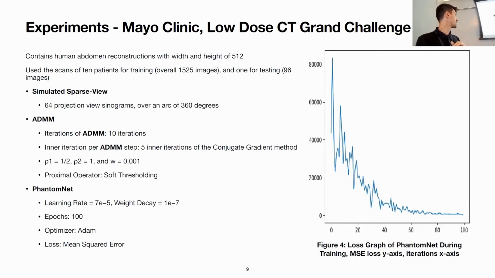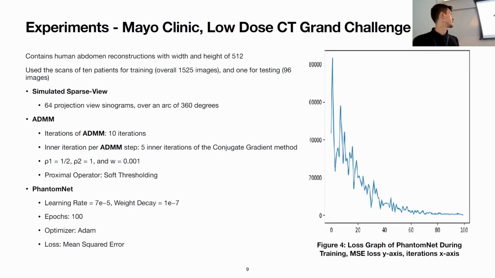We trained it for 100 epochs with Adam on a loss of mean squared error. And on the right side, we can also see that the loss graph seems to be substantially going down even after 60 epochs or so. We trained it for about 24 hours on an A100 with a batch size of 1. That worked fine for us.